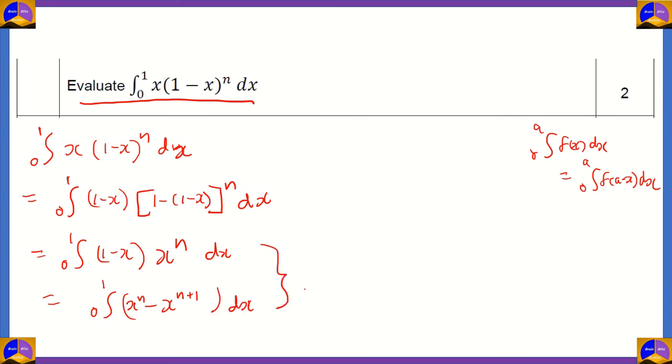And these two steps will fetch you half marks. Now, let's split the integral. So finally, you'll get integral 0 to 1 x raised to n dx minus integral 0 to 1 x raised to n plus 1 dx. And now you just use the formula integral x raised to n dx and apply the limits.